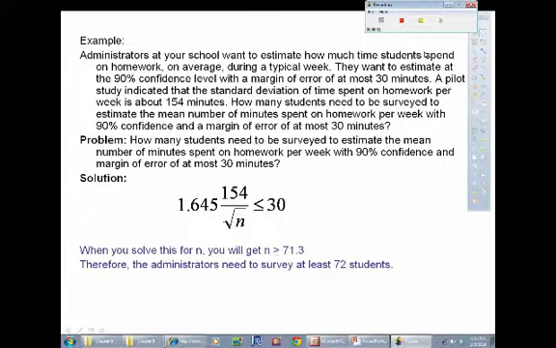If we don't pretend to know the population standard deviation when calculating sample size, we need to use a T critical value. However, to know which T critical value to use, we need to know the degrees of freedom. To know the appropriate number of degrees of freedom, we need to know the sample size, which is what we are trying to find in the first place.